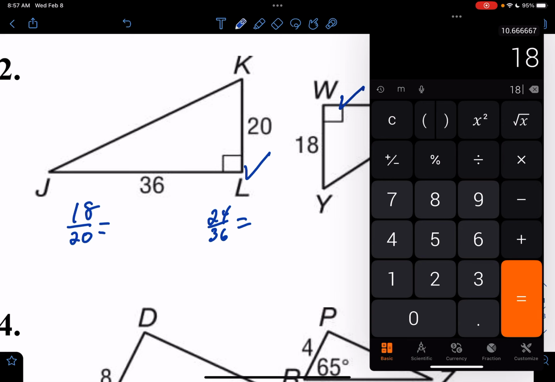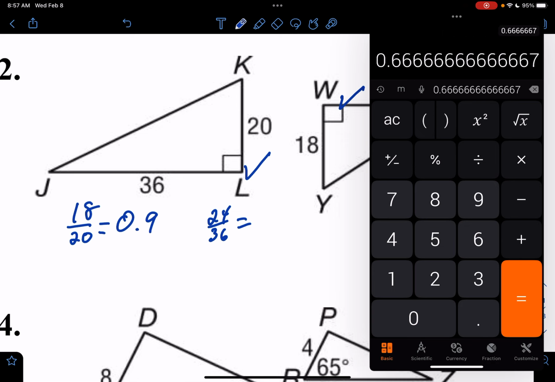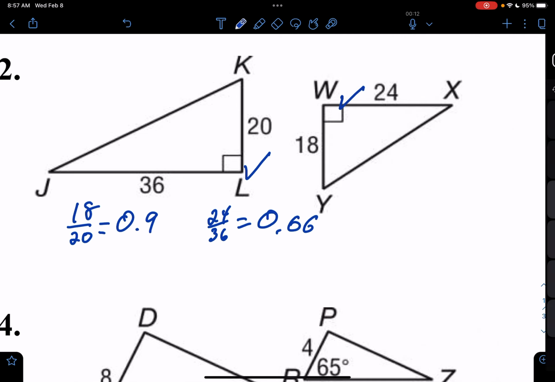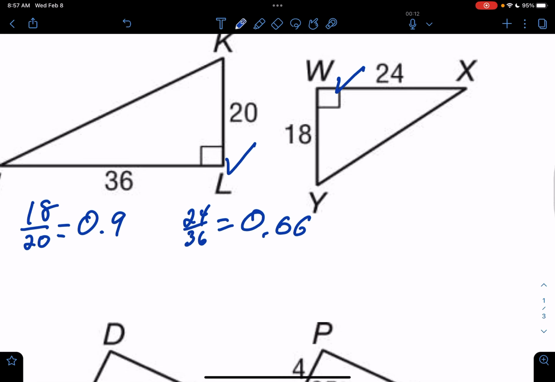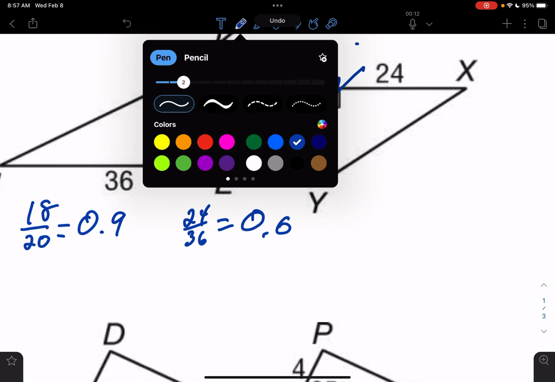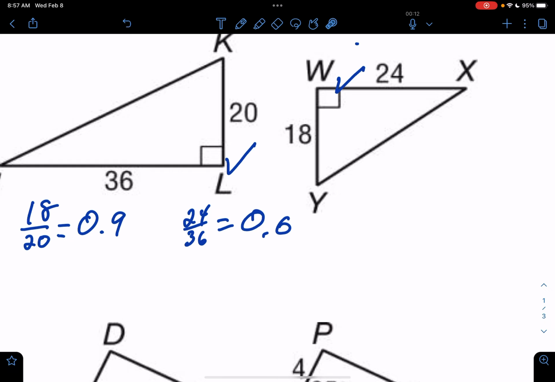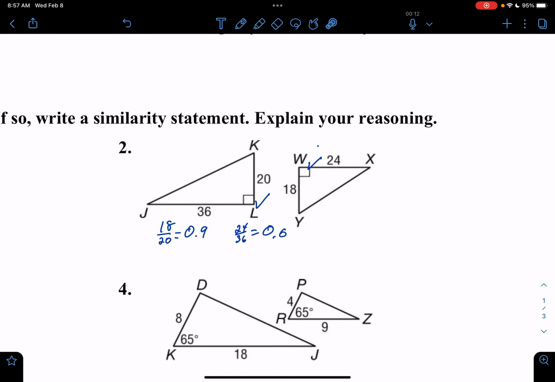So 18 divided by 20 gives me 0.9. Then 24 divided by 36 gives me 0.66. So these two numbers are not the same. Therefore, I will say no, these two triangles are not similar. Not similar.